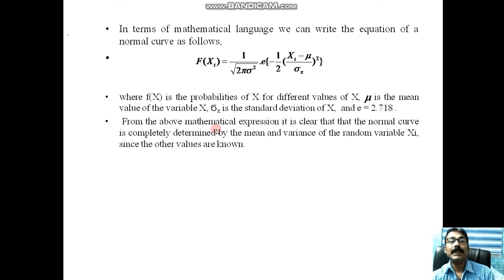From the above expression, it is clear that the normal curve is completely determined by the mean and variance of the random variable xi, since the other values are known.